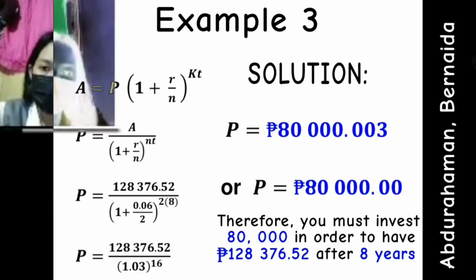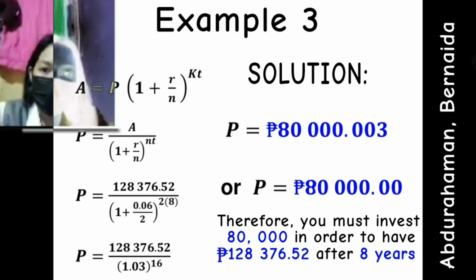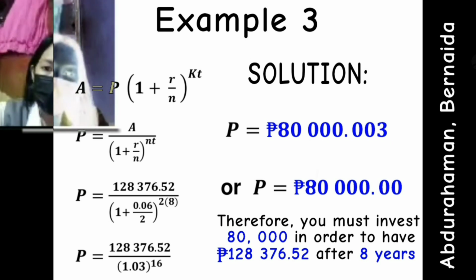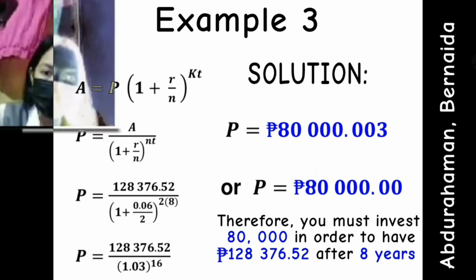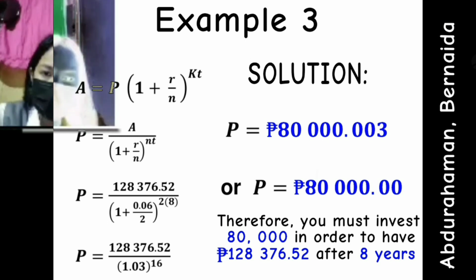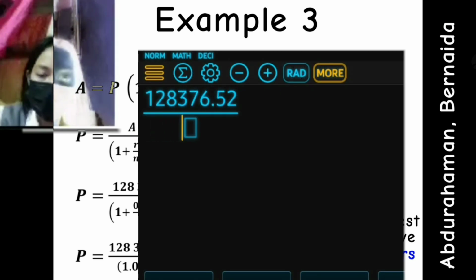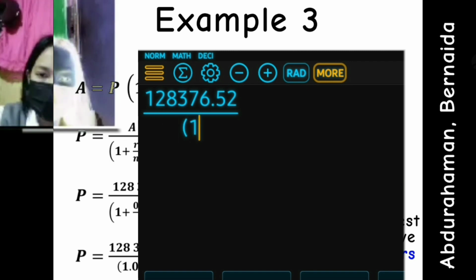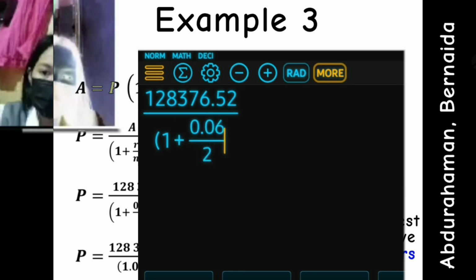So the formula: A equals P times 1 plus r over n raised to nt. Principal is equal to A over 1 plus r over n raised to nt. Principal equals 128,376.52 over 1.03 raised to 16.